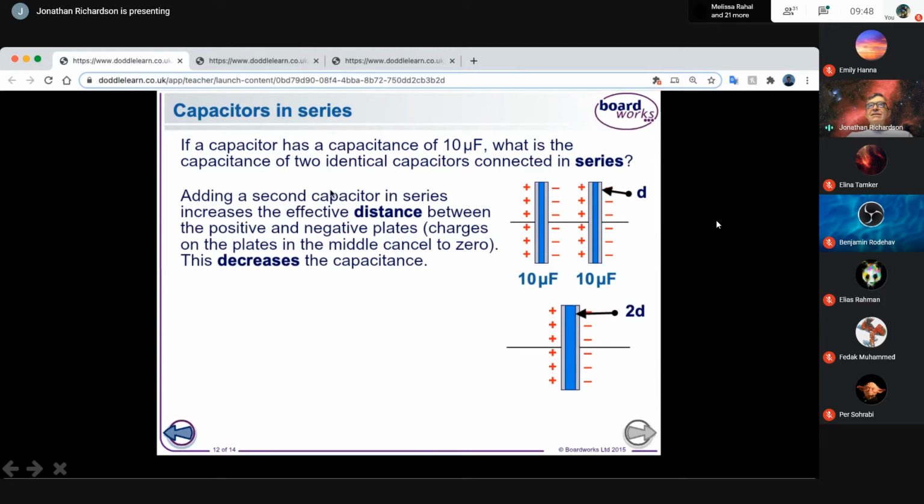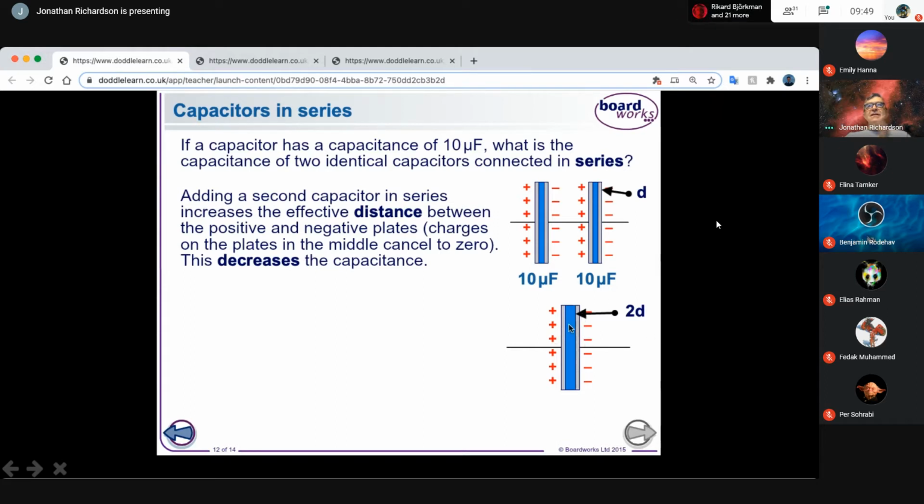Adding the second capacitor in this series effectively increases the distance between the first positive plate and the back negative plate. So this time we've doubled the distance between these two, and this therefore decreases the capacitance.